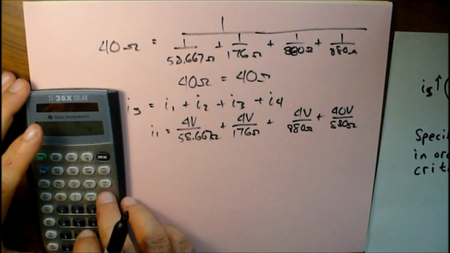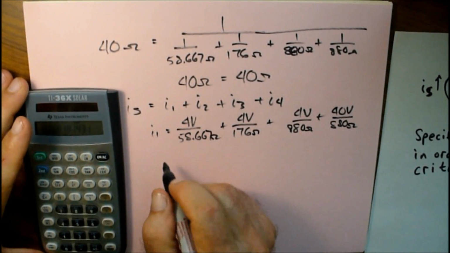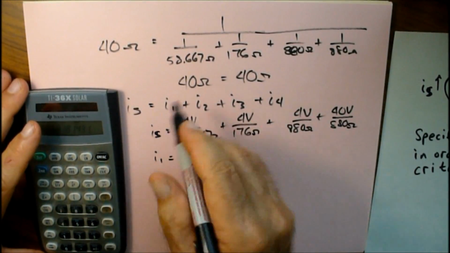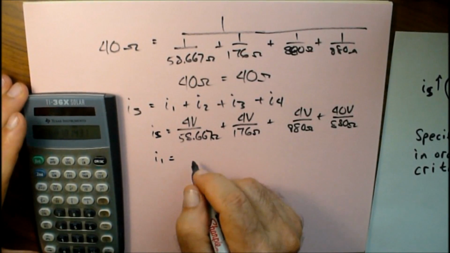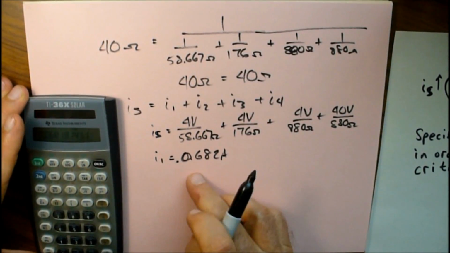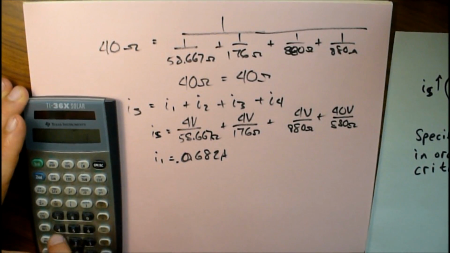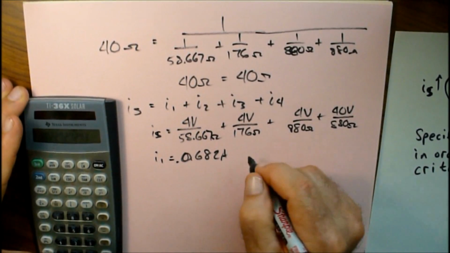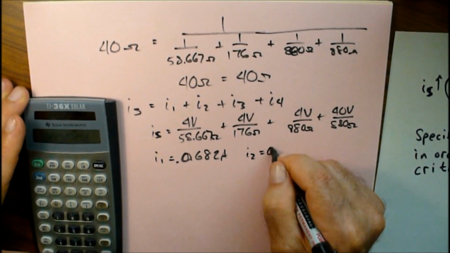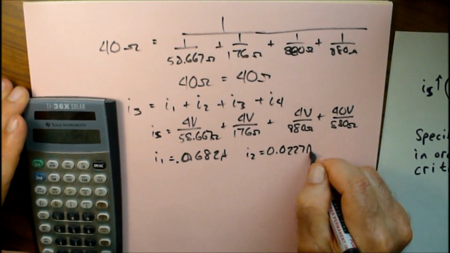Alright, so let's find out what these are. We have 4 divided by 58.67 equals I1, which is 0.068. Now, 4 volts divided by 176 ohms is equal to I2, which is 0.0227 amps.